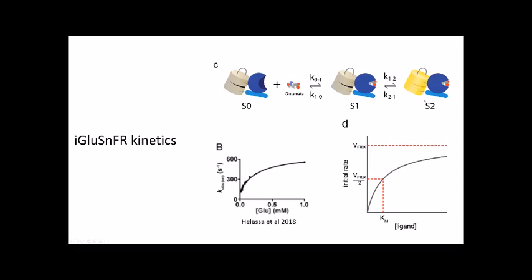And a consequence of this model, which we can observe in vitro using stopped flow, is that as you increase the glutamate concentration and you measure the rate of binding, the rate of fluorescence change, not the maximum fluorescence, but the rate at which the fluorescence changes to these brief impulses of different concentrations of glutamate, as the glutamate concentration gets higher, you get a saturation.